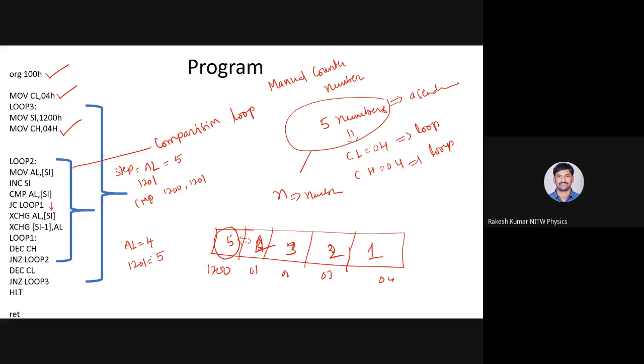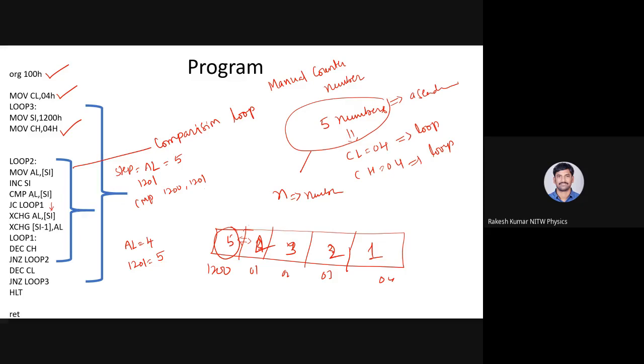Very good. Listen carefully. This is a very important point. After comparing the numbers, if there is no carry, it is going to exchange the AL value with the 1201 memory location. If you look here, your 1201 memory location is 4. This 4 goes to the AL register, and the AL value, which is 5, goes to the 1201 memory location.